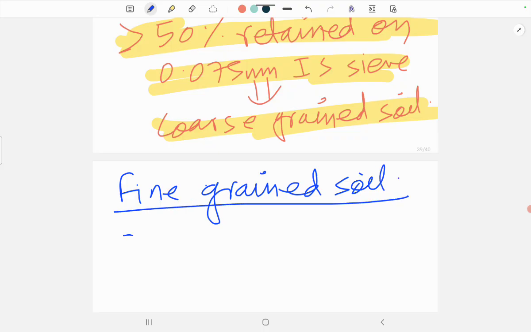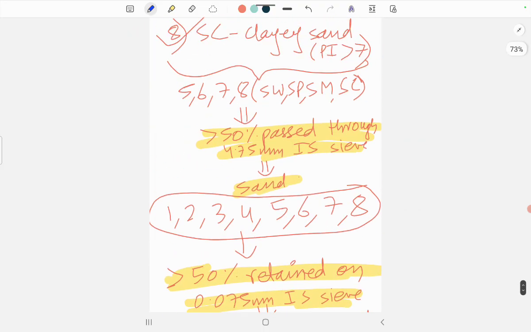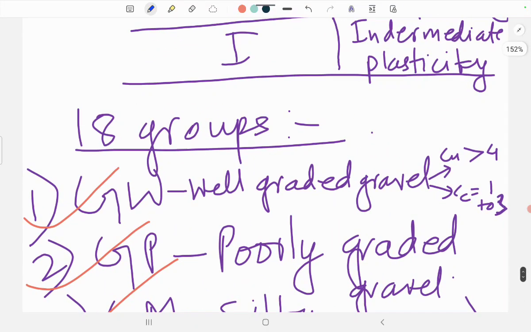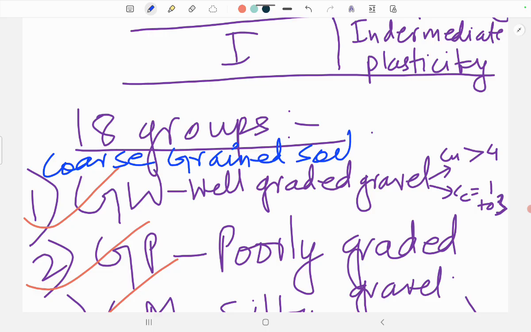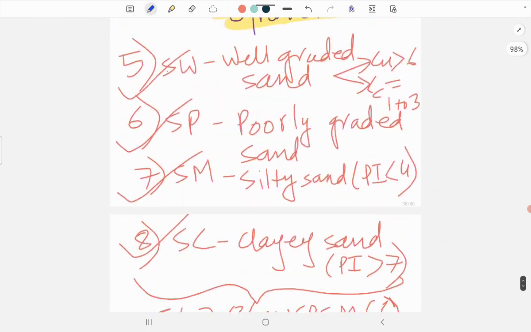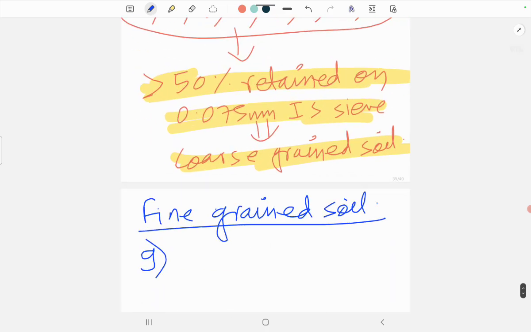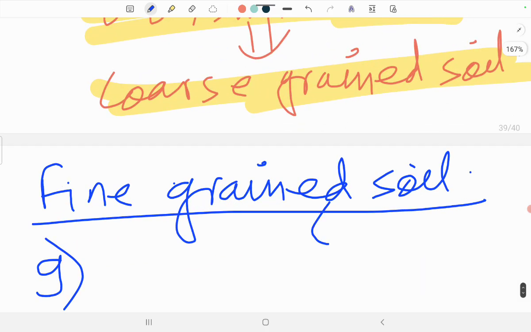We start from number 9 because we have to complete the 18 columns. Above, 1 to 8 were coarse grained soil, and fine grained soil are going to be from group number 9 to 18.